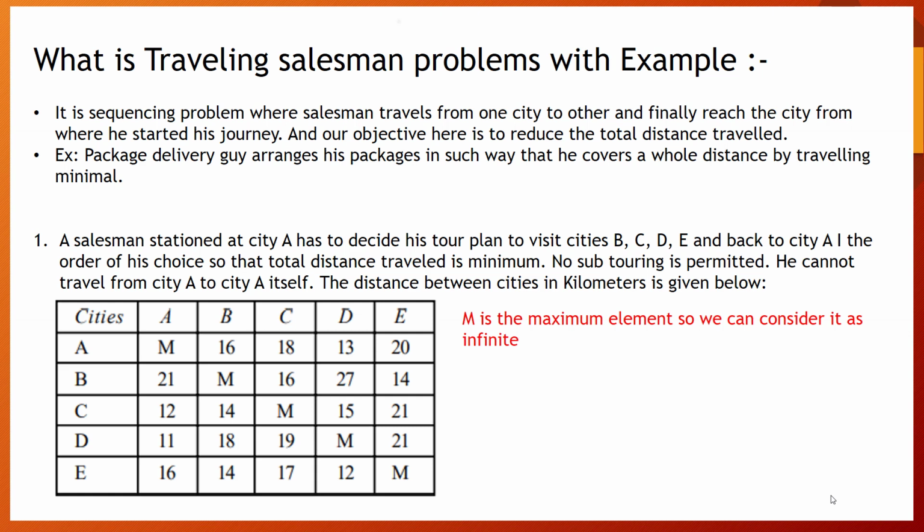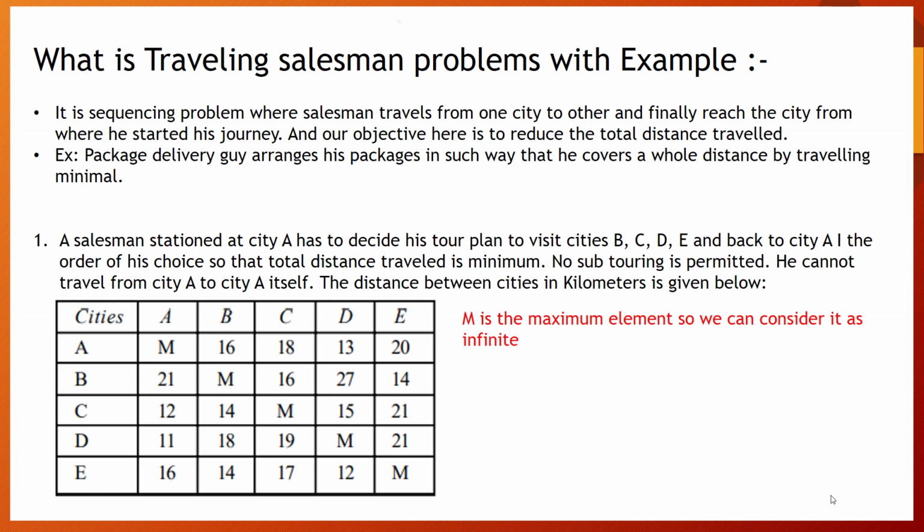If he goes 10 kilometers ahead, then comes back 5, then again goes 10 kilometers, it will be a loss for him. So what he will do is, once he goes far, he covers all the packages nearby, then goes to the other place, covers all the packages nearby, and finally comes to his destination, which is the office. The same thing we'll be doing here. So we'll be seeing a problem related to it.